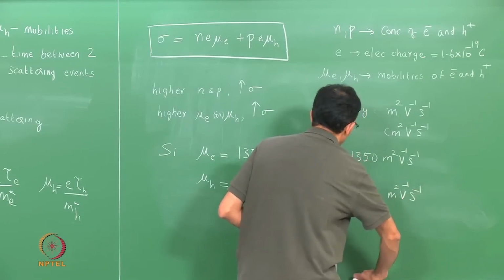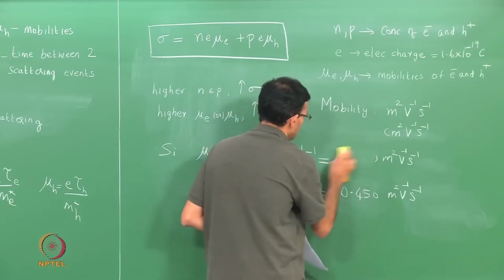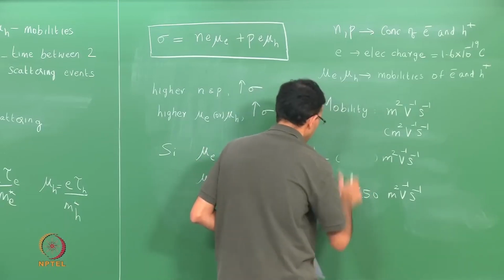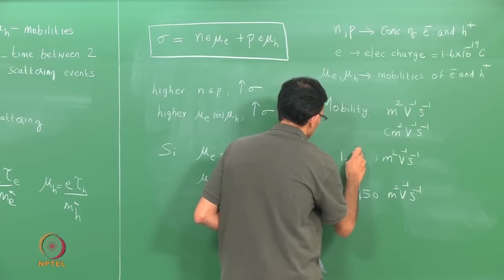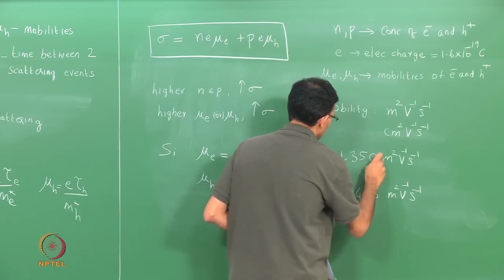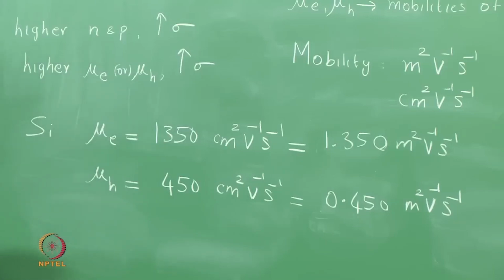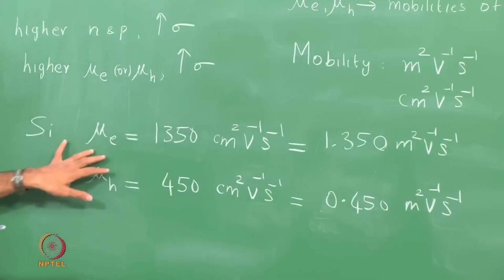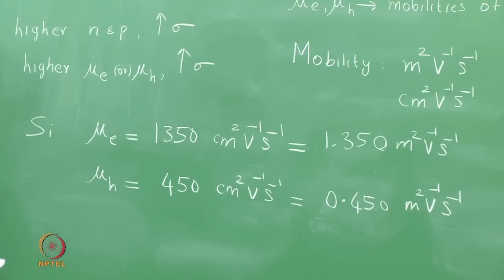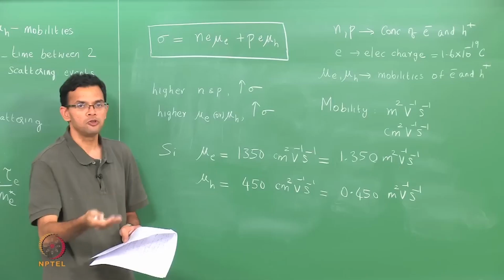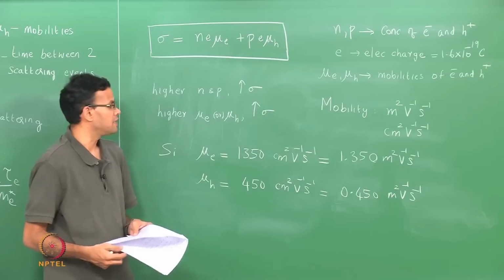The top one should be 1.350. So, these are the values of mobility in the case of silicon for both electrons and holes. We define mobility as the ability of the electron to move through the material before being scattered.